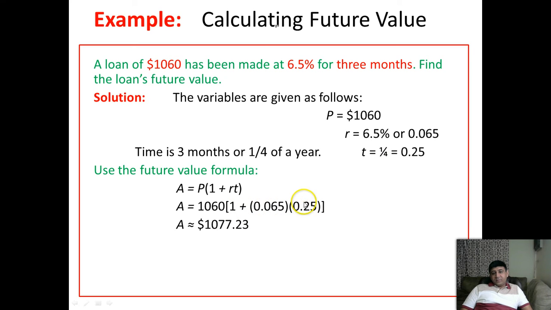If you multiply these two, add into 1 and then multiply with 1060, you end up with $1,077.23. This is your future value. So if you borrow 1060 at the rate of 6.5%, then after 3 months you will owe $1,077.23. This is a simple future value calculation.